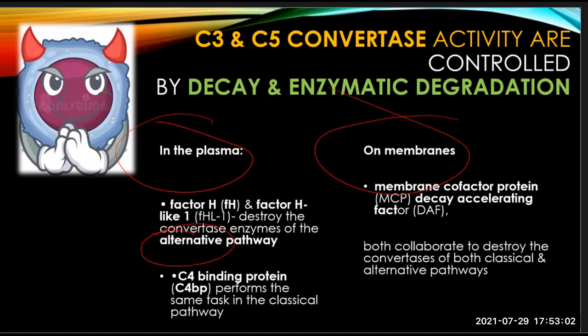We also have C4 binding protein, C4BP, which performs the same task in the classical pathway. And on the cell membranes, two proteins, membrane cofactor protein MCP and decay accelerating factor DAF, collaborate to destroy the convertases of both classical and alternative pathways.